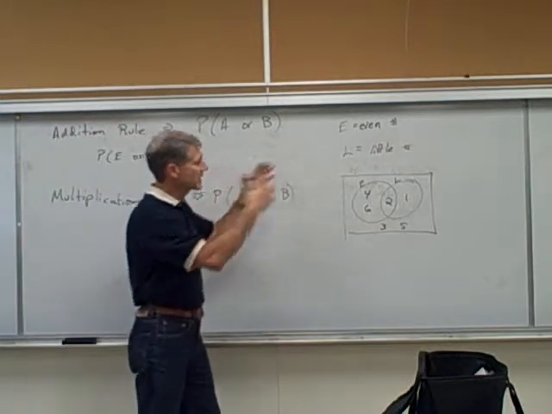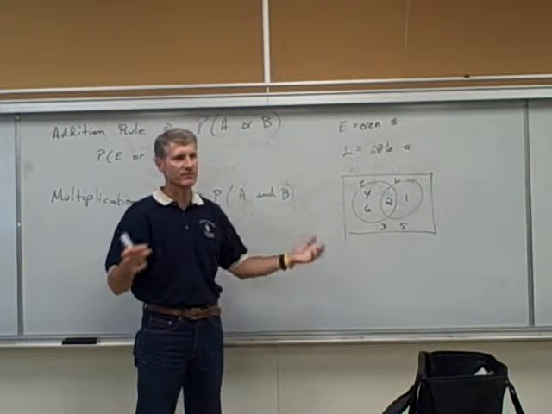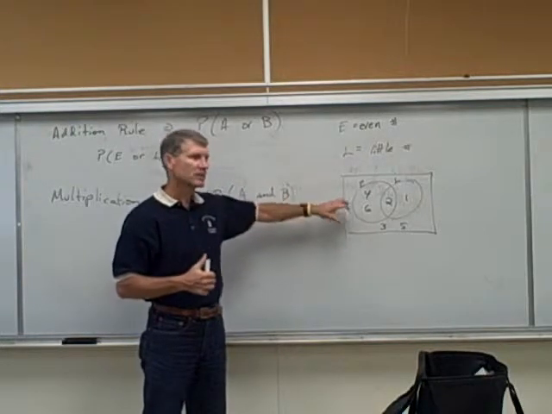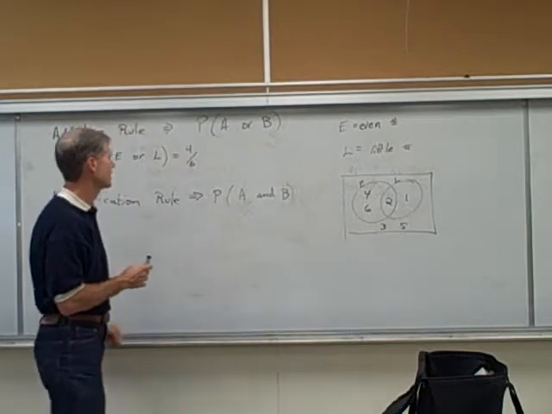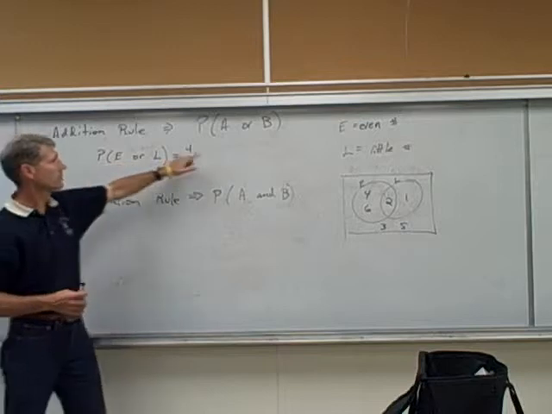But if you have a big problem like a sample from a population of several hundred or several thousand people, you might not know where all the people fall like that. You can't do a Venn diagram. So you need other rules. So the addition rule goes with OR.